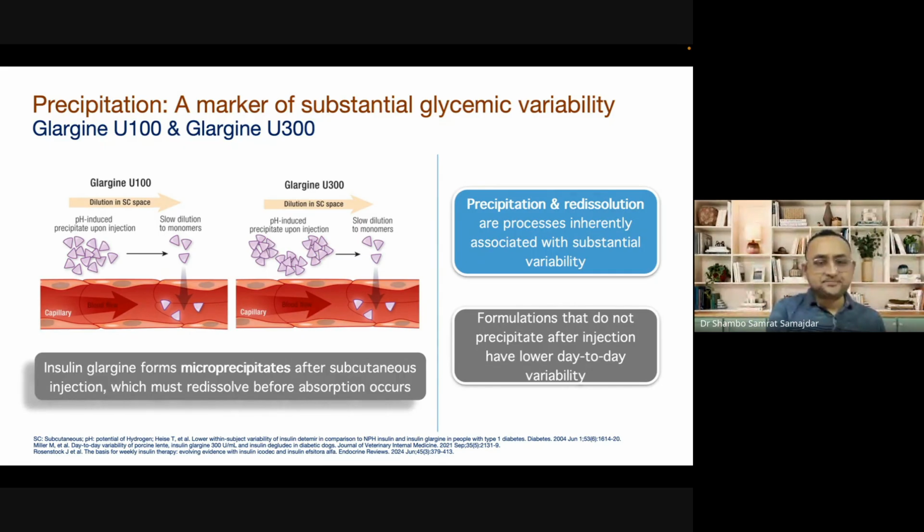Not like glargine U100. So precipitation and redissolution are processes inherently associated with substantial variability. Formulations that do not precipitate after injection will have lower day-to-day variability. And that is why, as we can see in this picture clearly, this formulation will not precipitate after injection in a very fast way. When we talk about glargine U100, it will have a faster precipitate.